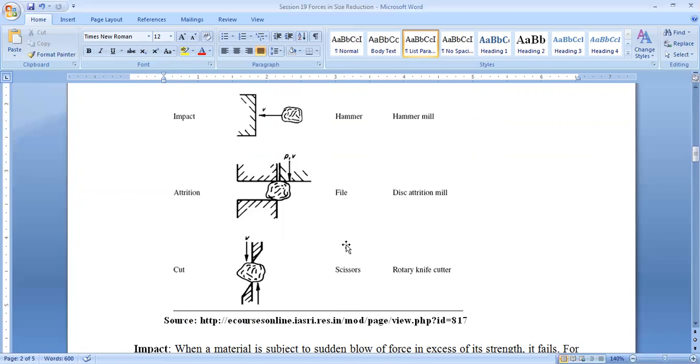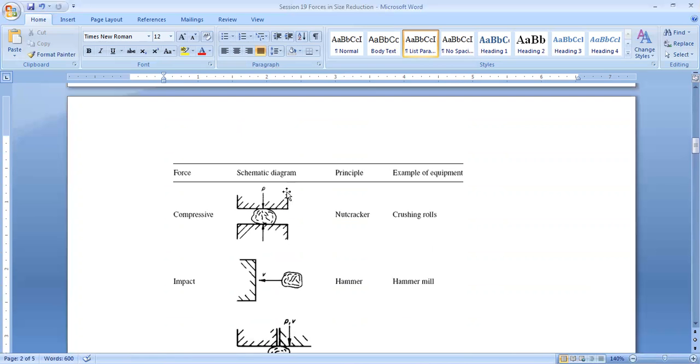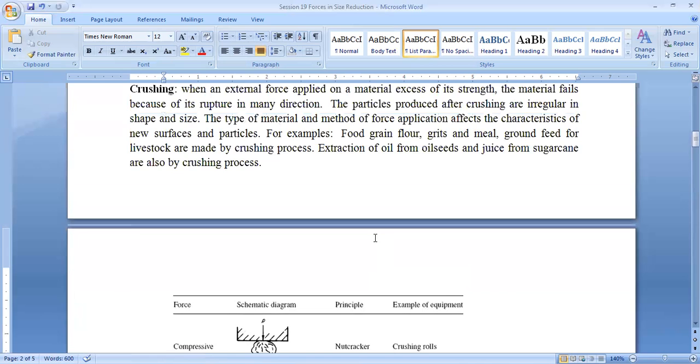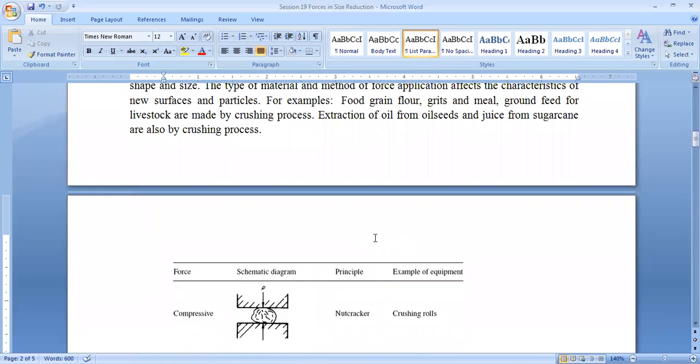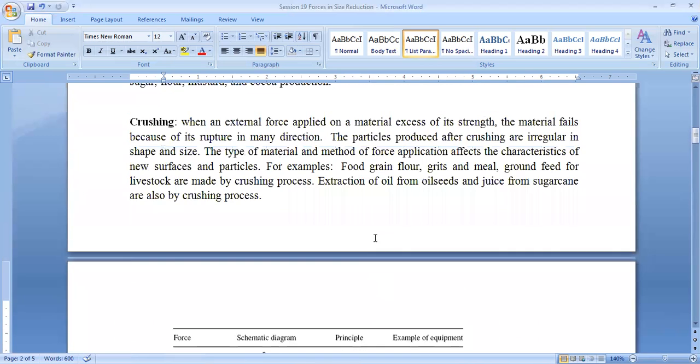But here we are discussing how they work and what the various types of forces are. So you should be very clear about that.